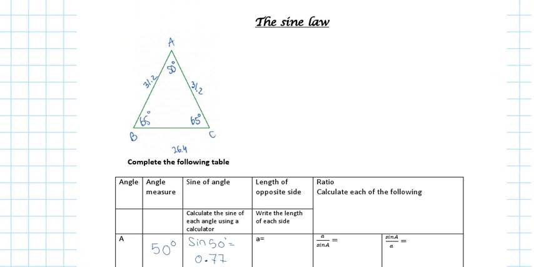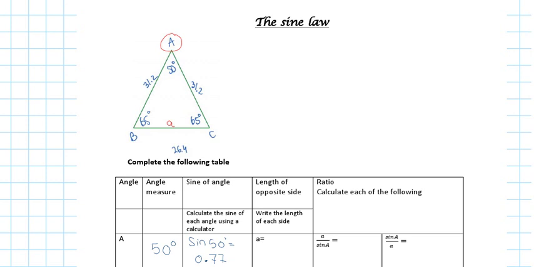The opposite side from angle A is called side A. When we have oblique triangles, triangles that are not right angle triangles, we always name the angle and its opposite side with the same letter. So if this is angle A, this is side A. We use big letters for angles and small letters for sides. We talked about that yesterday in the lesson.